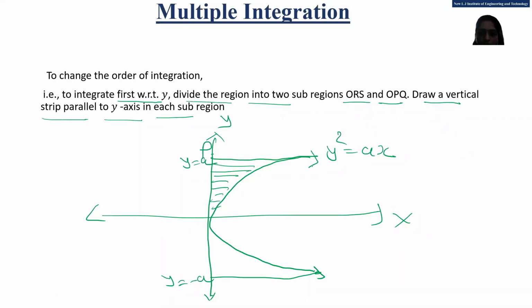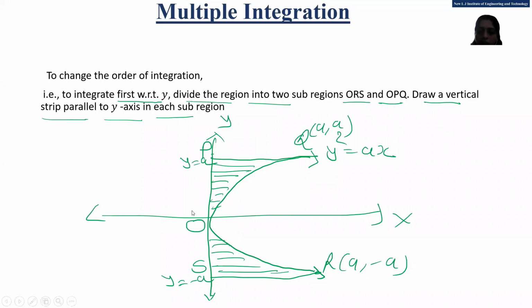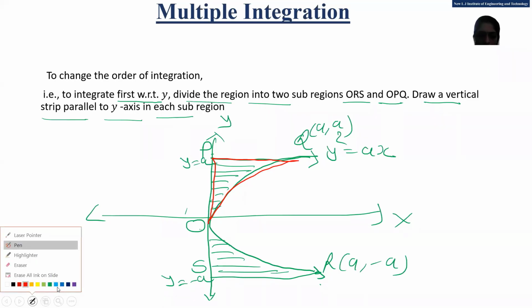This point is P, this point is Q, Q point is (a, a), R point is (a, minus a), and this is the S point. And this is my origin. Here, listen carefully, students. My total region is divided into two sub-regions. One is this OPQ and the other is OSR, right?